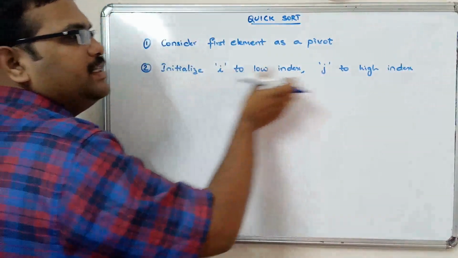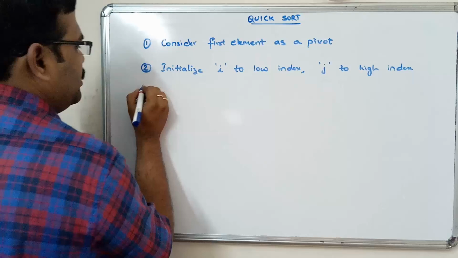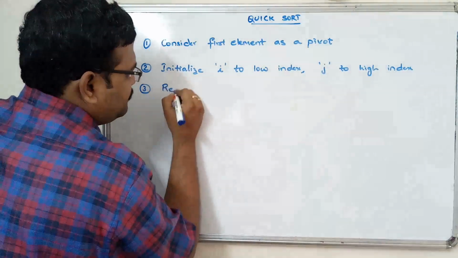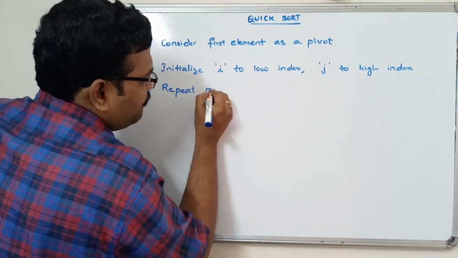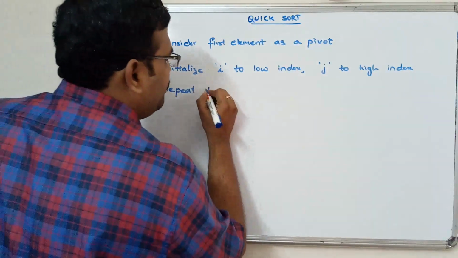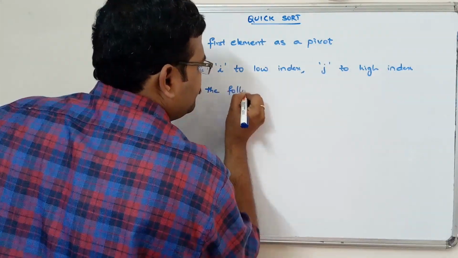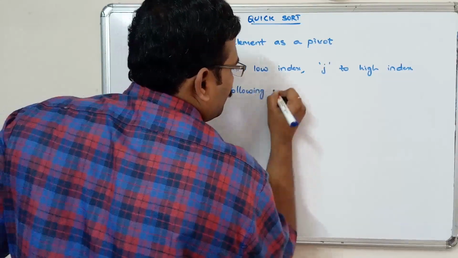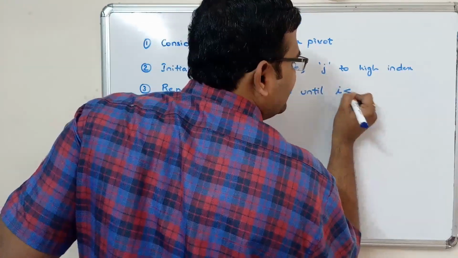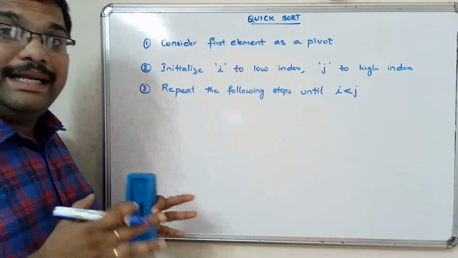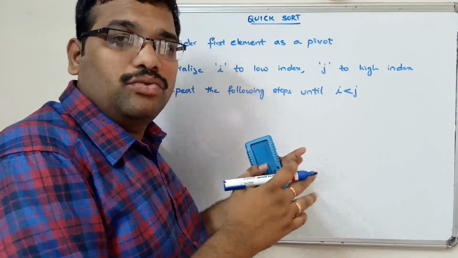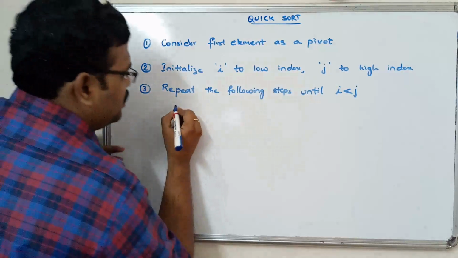That means i is the starting element and j is the last element. Next, we have to repeat the following steps until i is less than j. Until the condition is true, we have to repeat the following procedure.